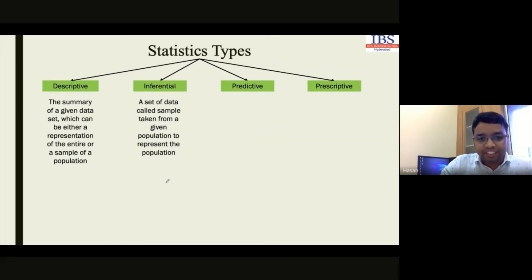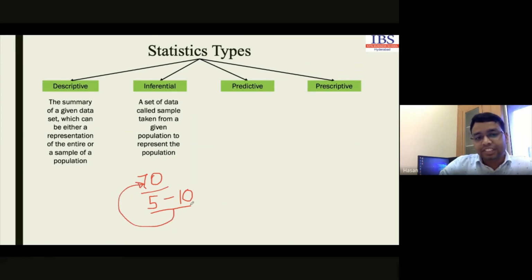We can take an example here. In your batch, if there are 70 students, I am not going to judge each and every one of the 70 students individually. For a particular objective, I can choose 5 to 10 students from your batch, judge the parameters among them, and generalize the result for the entire 70 students.